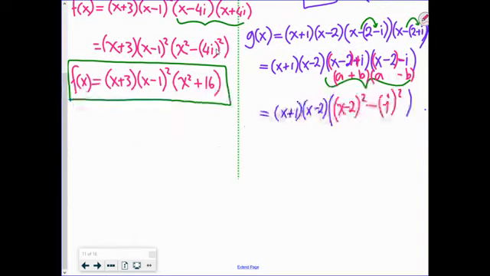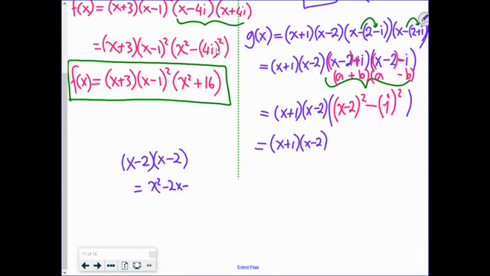So let's clean that up a bit. We have x plus 1 times x minus 2, x minus 2 squared. Whoa, right, follow that out. You need to do some work off to the side: x minus 2 multiplied by x minus 2 equals x squared minus 2x minus another 2x plus 4.